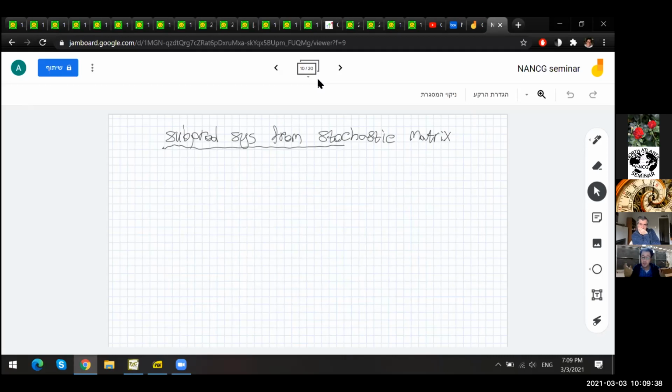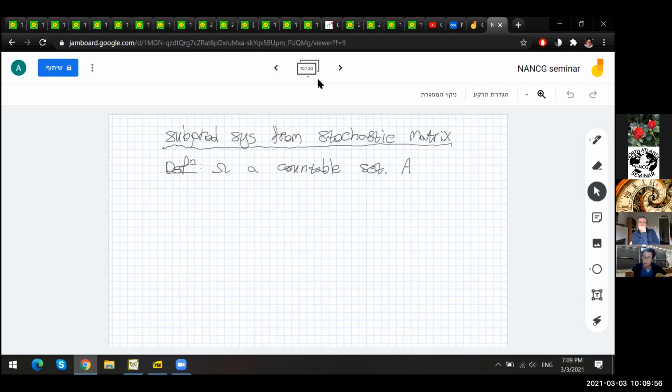Okay, so subproduct systems from stochastic matrices. Let me define what a stochastic matrix is. Let omega be a countable set.